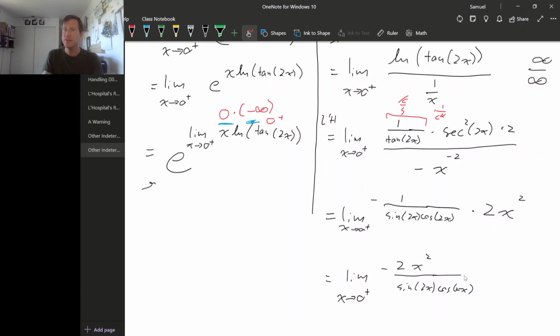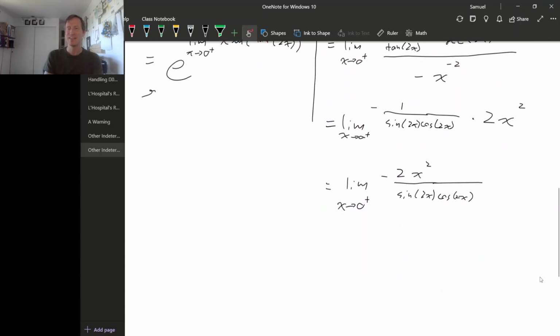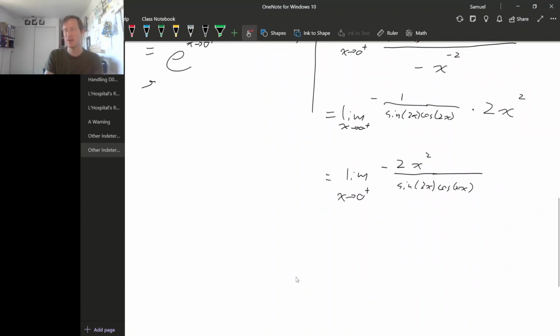Okay, now at this point we have some options. This is still an indeterminate form. We get 0 over 0, so we could try using L'Hopital's rule again. But we have another option because that denominator, I recognize that from a trig identity. Sine times cosine, that's part of a double angle identity, or half angle identity, depending on which way you look at it. So limit as x goes to 0 from the right of minus 2x squared.